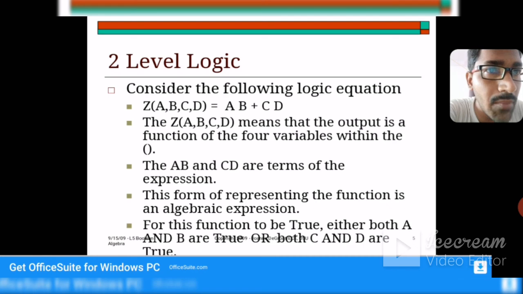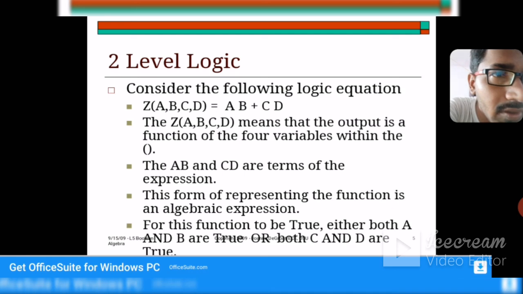Z of A, B, C, D means that the output is a function of the four variables within the brackets. A, B, C and D are the terms of the expression, and plus is the operator. For plus we use the OR operator, for multiplication we use the AND operator, and for complement we use the NOT operator.